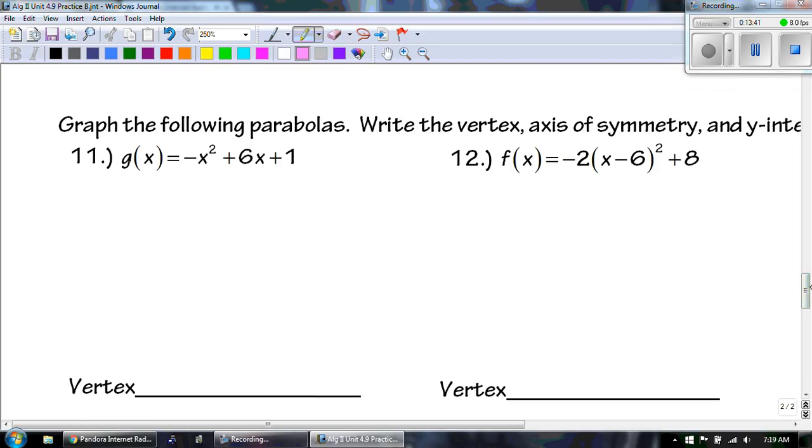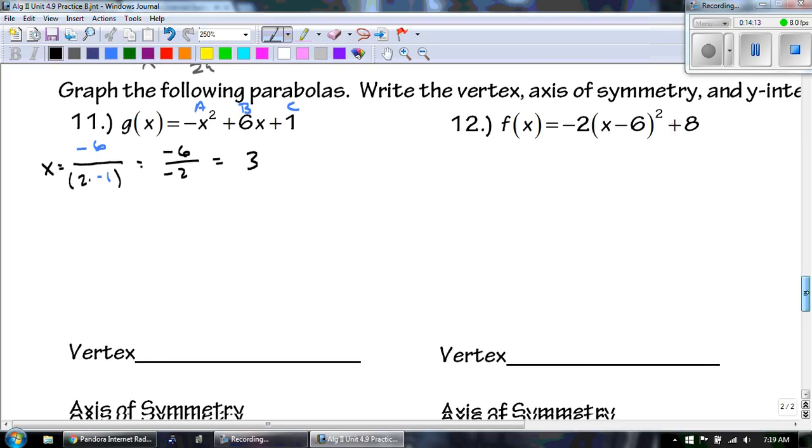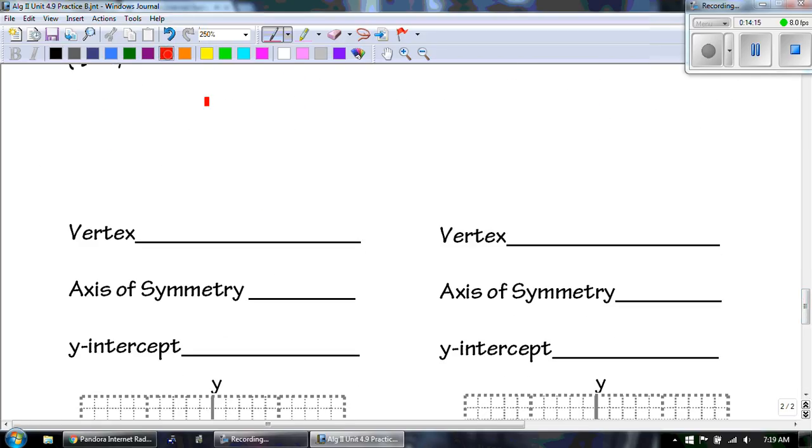So if it's not in vertex form, I need to do x equals the opposite of b over 2a. So there's my a, b, and c. So x equals the opposite of b, so that's a negative 6, over 2 times negative 1. We're trying to find our x value of our vertex. So we have negative 6, and then on the bottom, negative 2, and when you divide that out, we get 3. So right away, I know that my axis of symmetry is x equals 3.